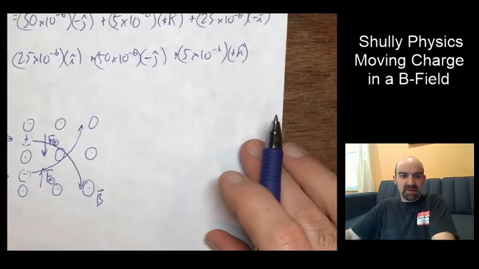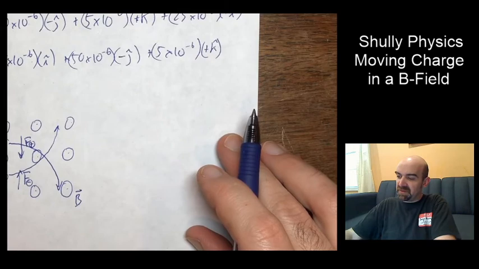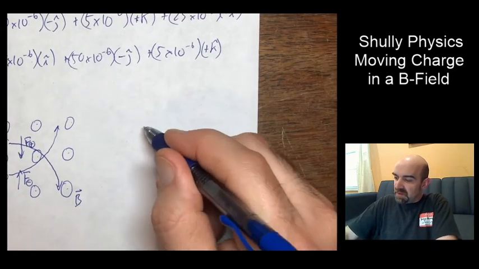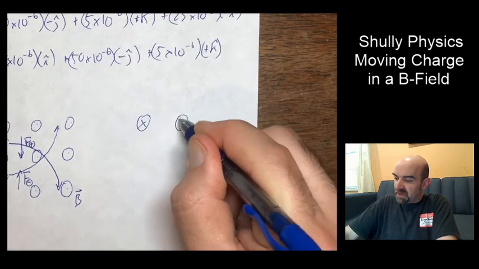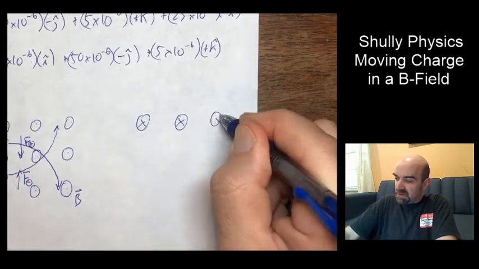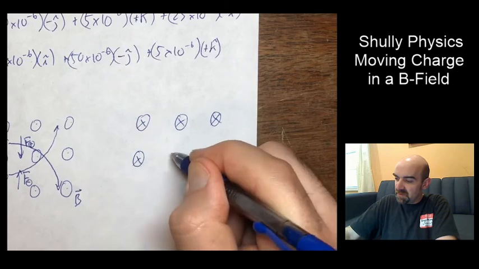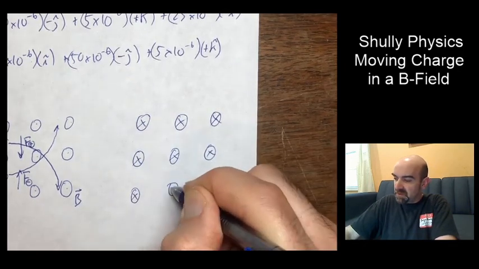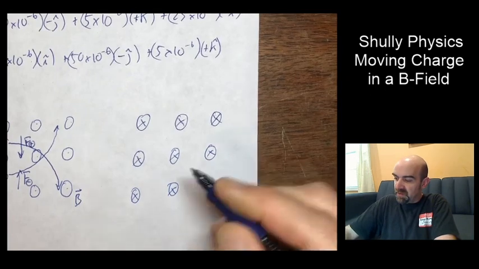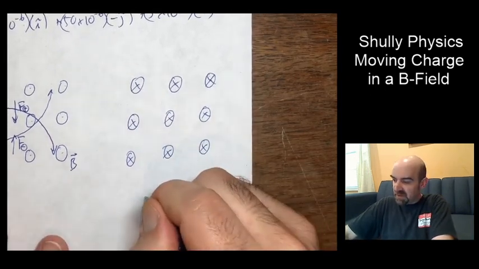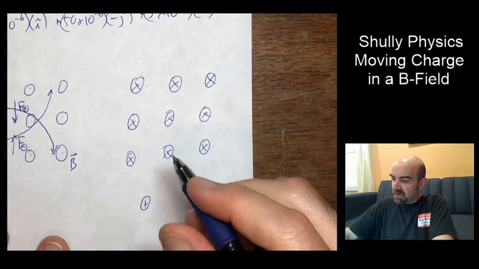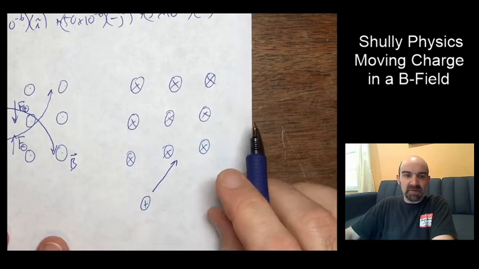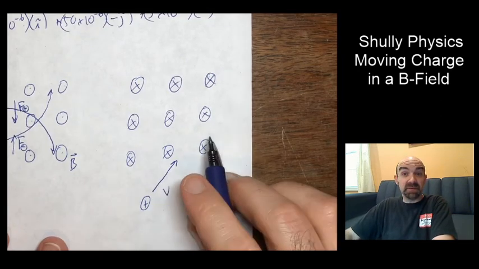I'll give one last one here. Let's take a magnetic field, since I haven't done into the page yet. I'm going to try to be a little smarter about the pathway of this particle. Now I'm going to take a positive charge moving this way. There's the direction of its velocity.